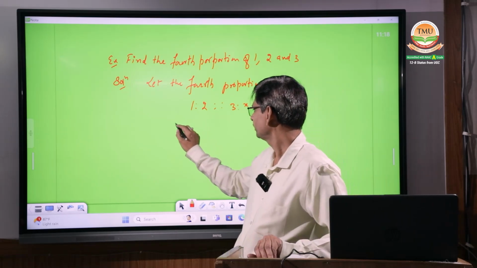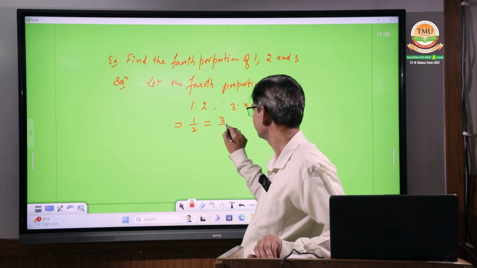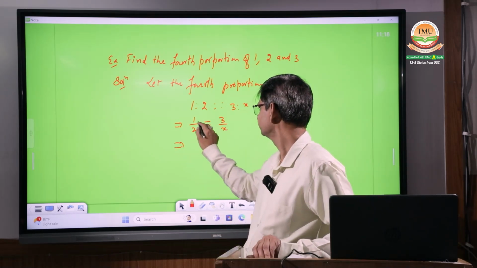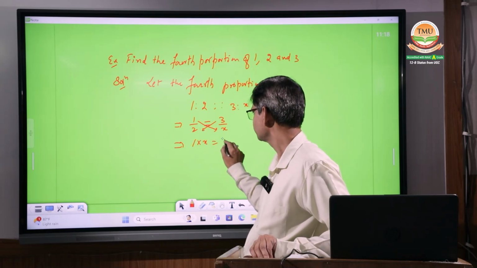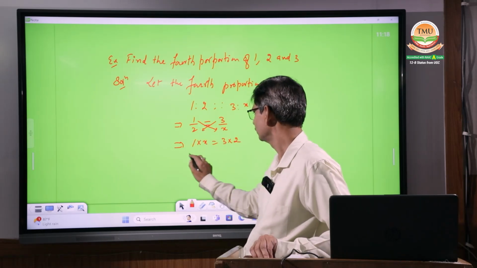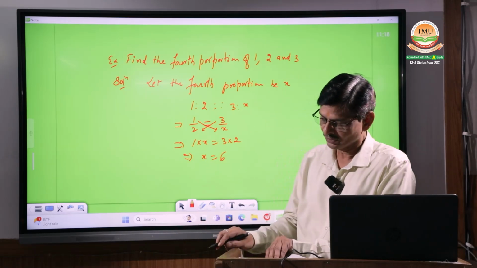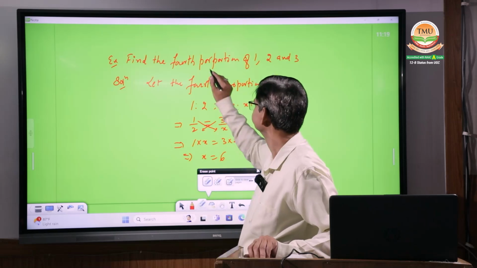Now we can write this as 1 upon 2 is equal to 3 upon x. Now we multiply crossly: 1 into x is equal to 3 into 2, that is x is equal to 6. This is the value of the fourth proportion.